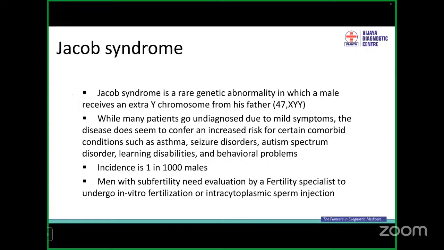The other numerical abnormality syndrome is Jacob syndrome, which is also rare. It is having an extra Y chromosome from the father. This is again because of meiotic non-disjunction. However, here the extra chromosome is the Y chromosome. The majority of them go undiagnosed due to the mild presentation, but they seem to have increased risk for certain comorbid conditions like asthma, seizure disorders, ASD, autism spectrum disorder, or learning disabilities.